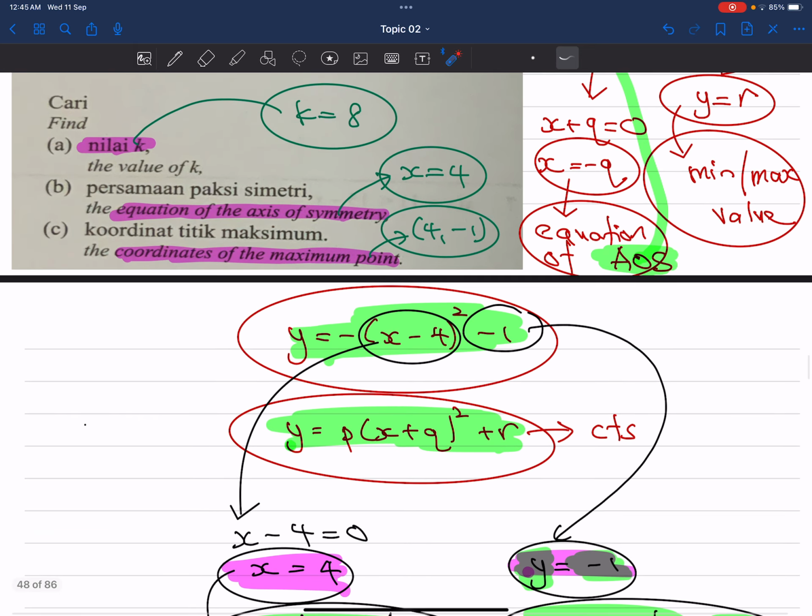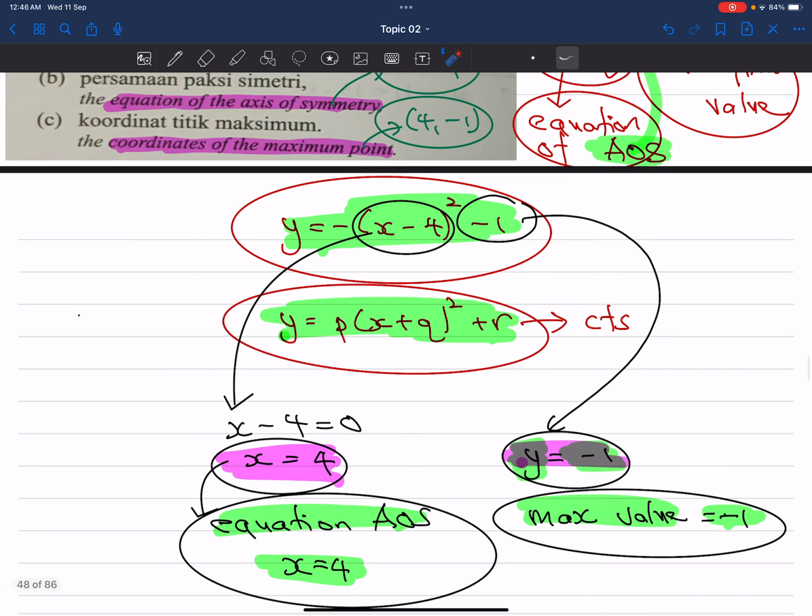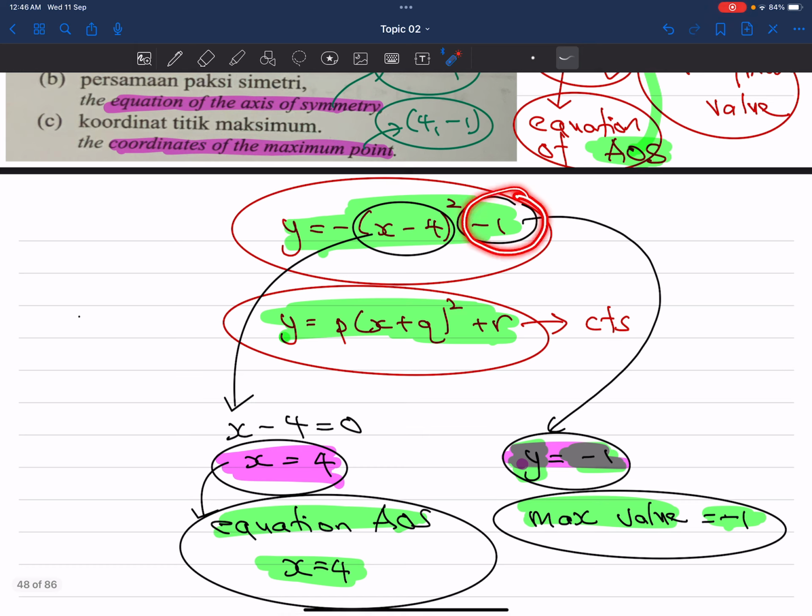The x coordinate is the equation of the axis of symmetry. So I took the given quadratic function and compared with complete the square. The number outside the brackets was the y coordinate, which is the maximum or minimum value. They are not asking for this maximum, they only want the coordinate, but we still get it.